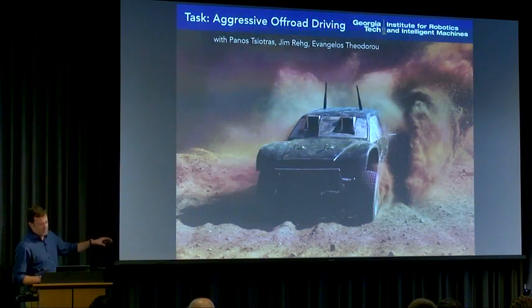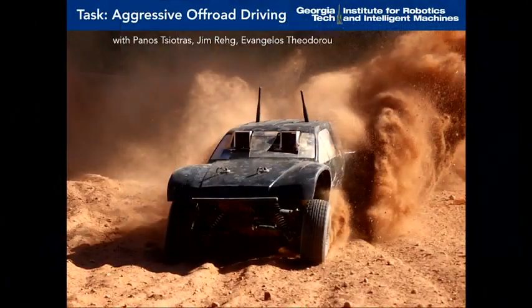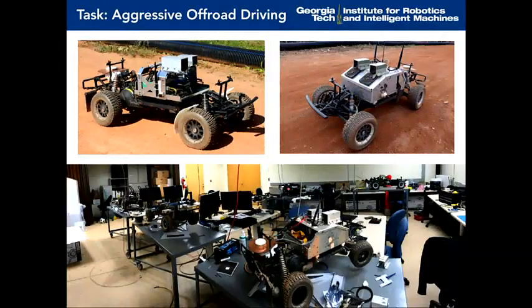So here's one of our robots. This is a high-speed off-road ground vehicle built in collaboration with several labs in computing and aerospace engineering at Georgia Tech. Just to give you an idea of what this vehicle is, it's a 1/5 scale truck, which means that it's about 1 meter long, so it's about this large. It weighs about 50 pounds.